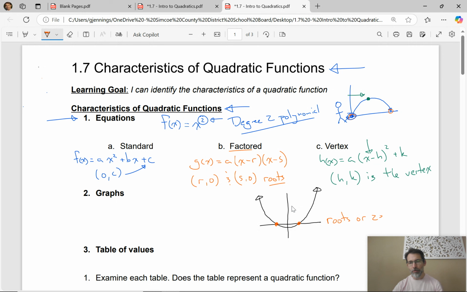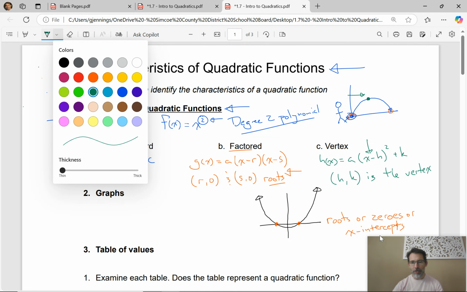Or they're called the zeros, or the x-intercepts, or the solutions to the quadratic, but I don't want to write down a fourth name for this thing. Calling them the roots is fine. Okay, and those you can see in factored form.